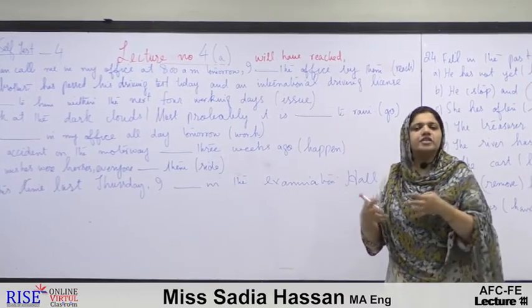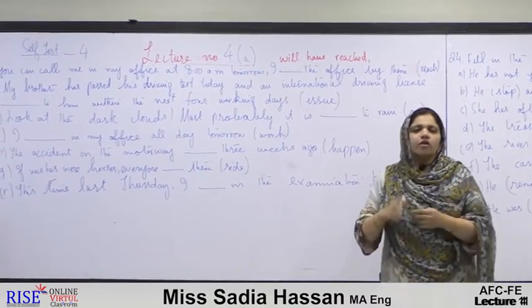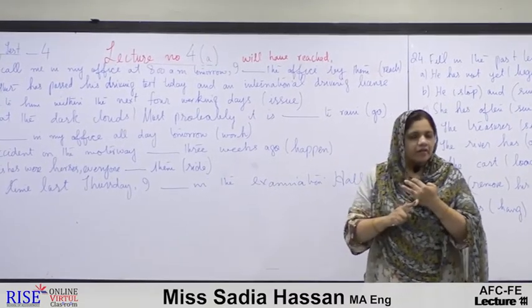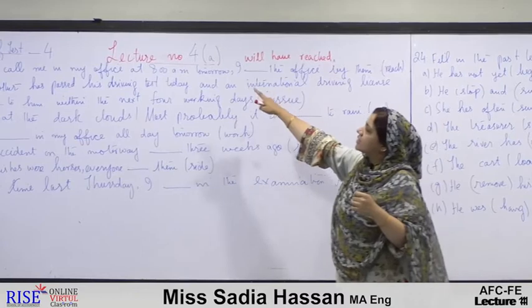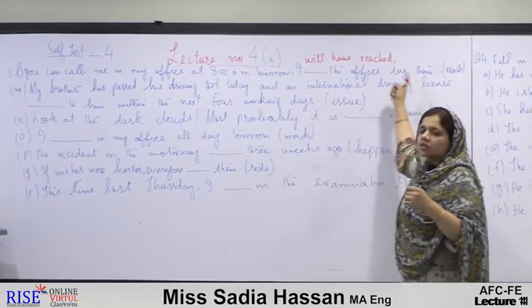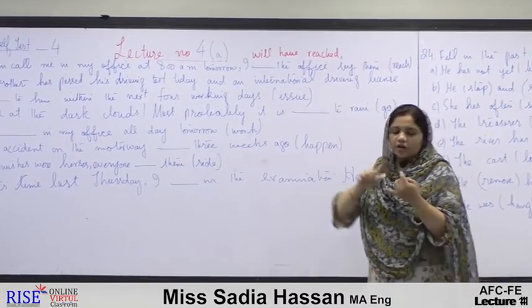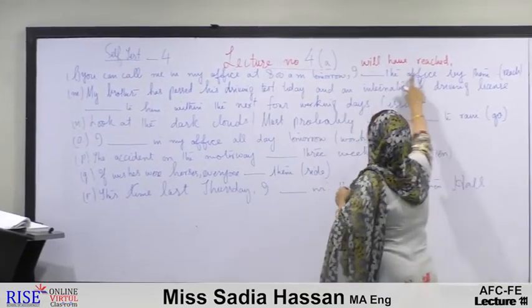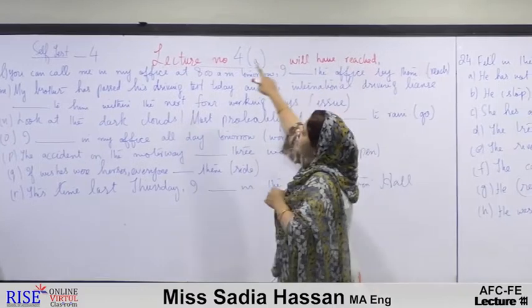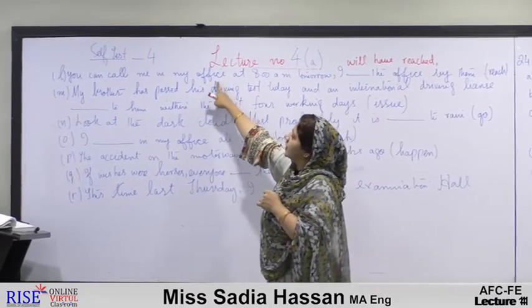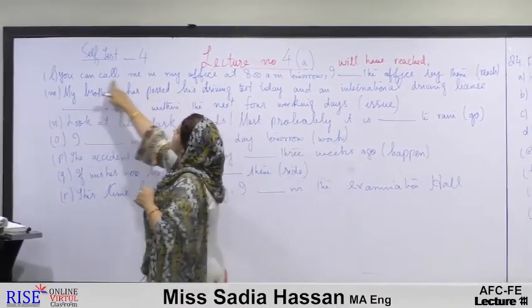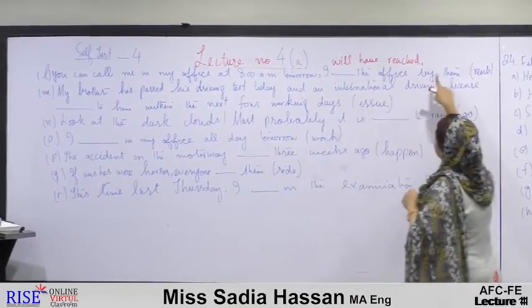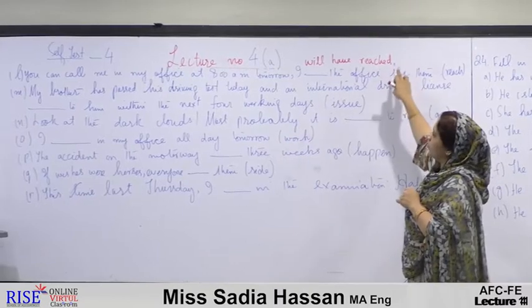Whenever we check the correct use of sentences, three combinations must be there. If one clause of the tense is in present, the other clause can be in the present. One clause of the sentence is in present, the other might be in the future. Here one clause is present. You can call me, this is in present. Now I have the option to keep the other clause in the future or in the present.